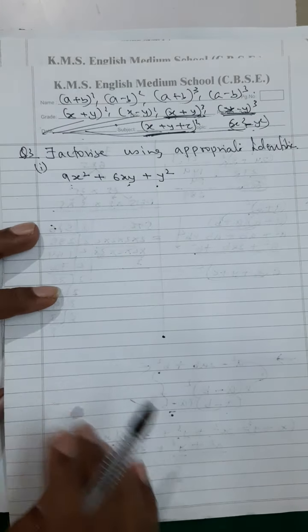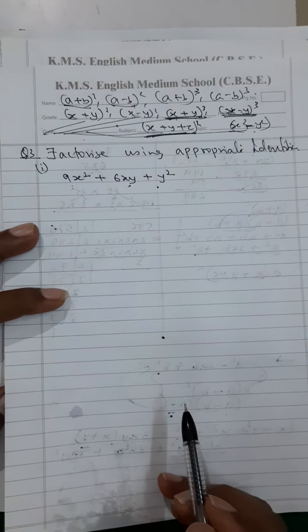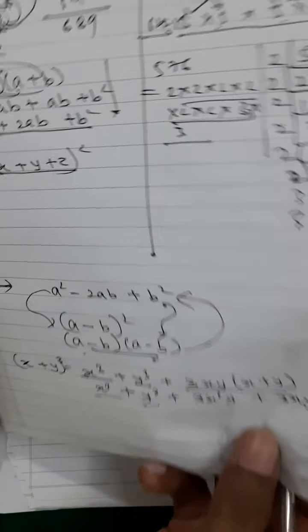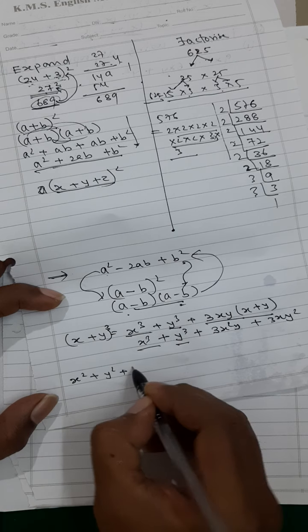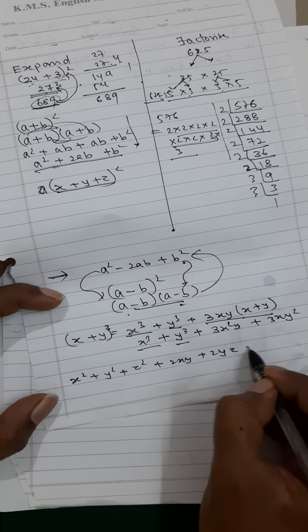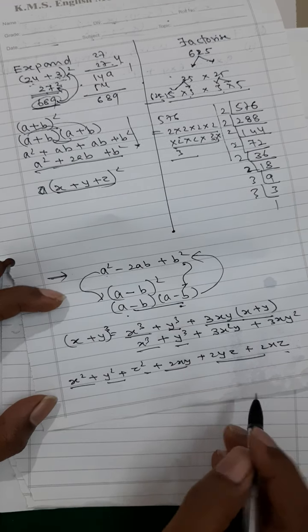Here the highest power is square. So it is going to be either a plus b the whole square or a minus b the whole square. x plus y plus z the whole square also has a lot of terms. You know that x plus y plus z the whole square has x square plus y square plus z square plus 2xy plus 2yz plus 2xz. These are many, 6 terms.